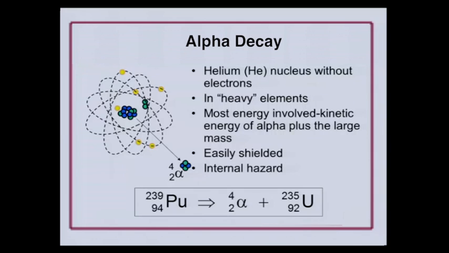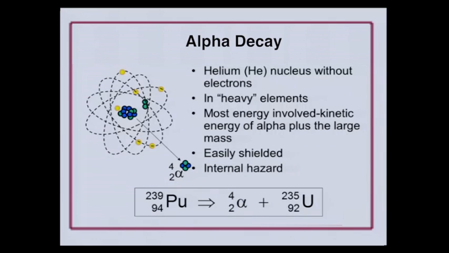I will add that this alpha particle and possibly the daughter product shown here will both possess some level of kinetic energy, whatever is needed to balance the equation. And that really starts with the overall energy state of the parent, plutonium-239.